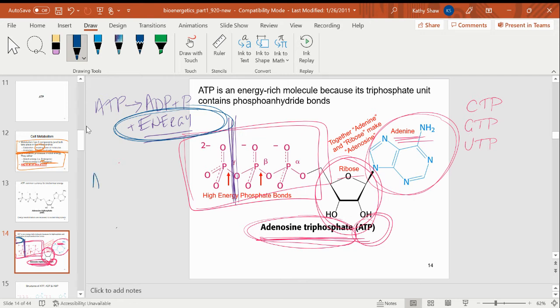Then I have my ADP. I can break another high energy phosphate bond. I'll get AMP plus a phosphate plus energy again. So I might use the phosphate for something, I might not, but I'm absolutely using the energy.